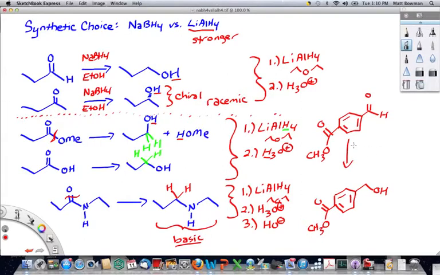The way to do this is to use the weaker of the two, sodium borohydride and ethanol, as this normally doesn't have the strength to attack an ester. If you wanted to reduce them both, you would just use lithium aluminum hydride.